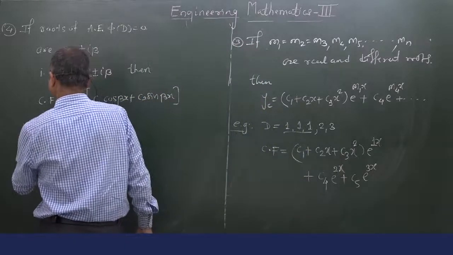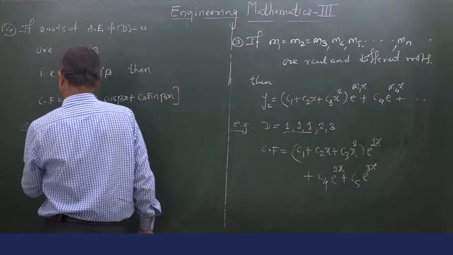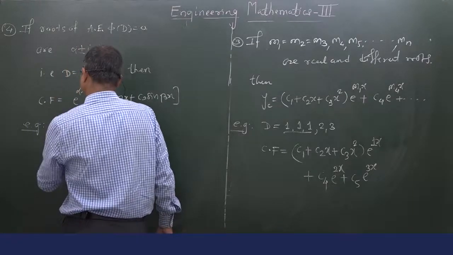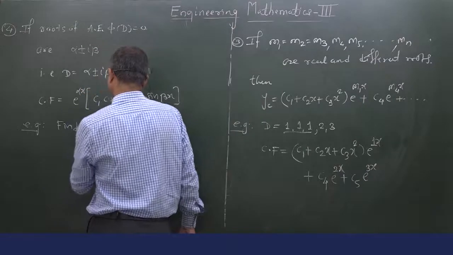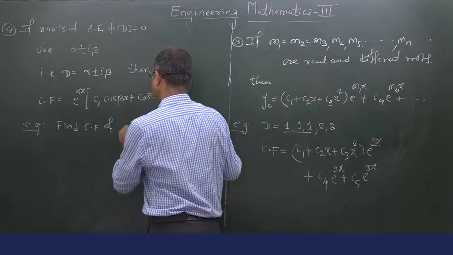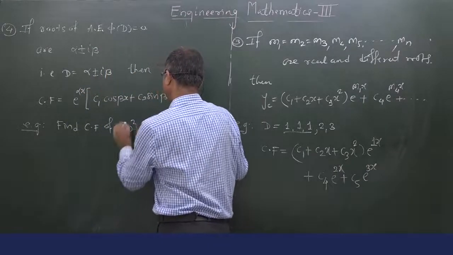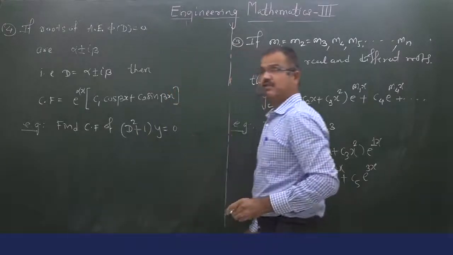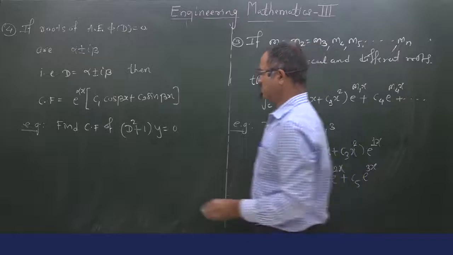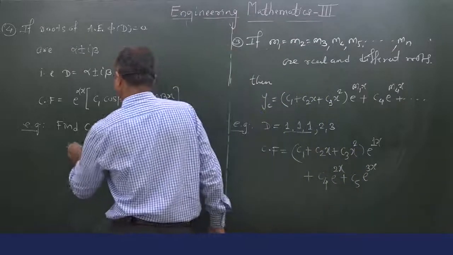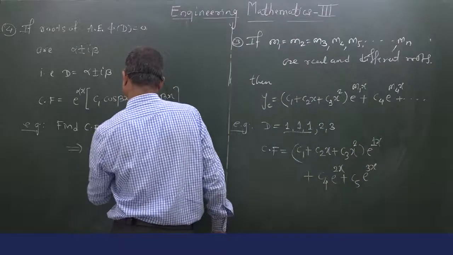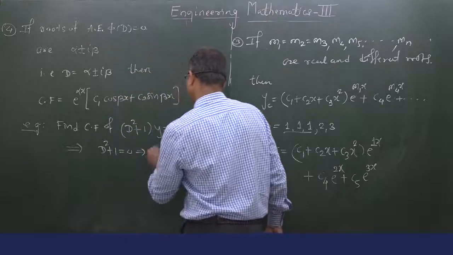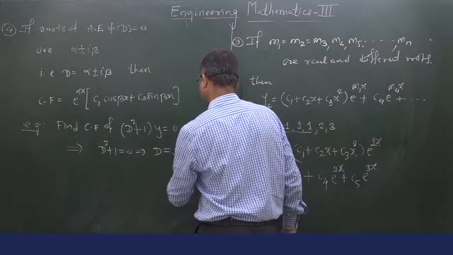For instance, find the complementary function of the differential equation (D square plus 1) y is equal to 0. Here the roots are D is equal to plus minus i.